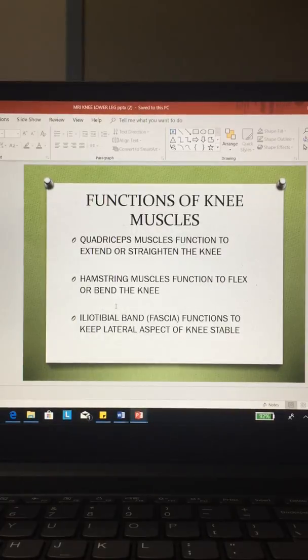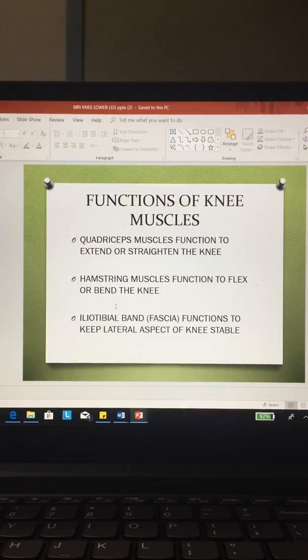Functions of the knee muscles. And remember when I told you that the hip and the knee are kind of opposite each other, right? The quadriceps muscles function to extend or straighten the knee. So in the knee, our quadriceps are extensors, which was the opposite of the hip. In the knee, the hamstring muscles function to flex or bend the knee, but in the hip, they really extended the hip, okay?